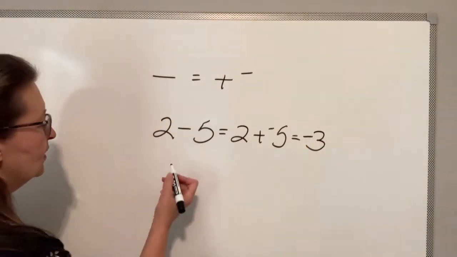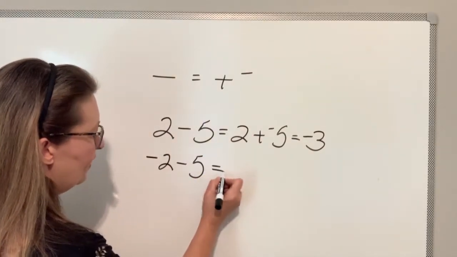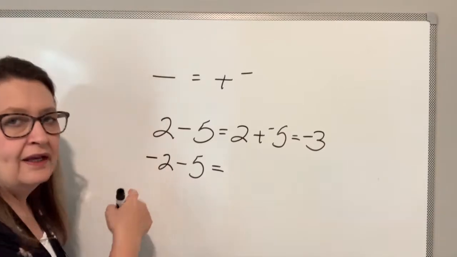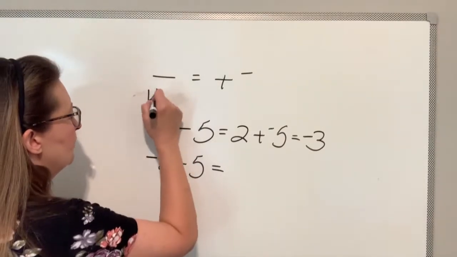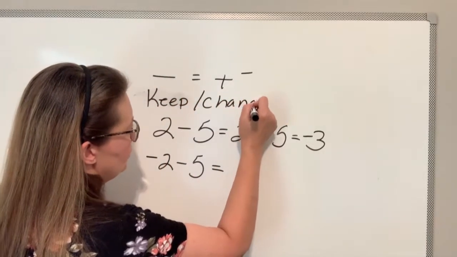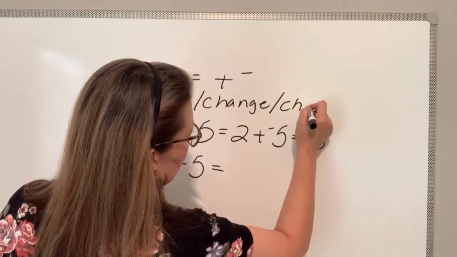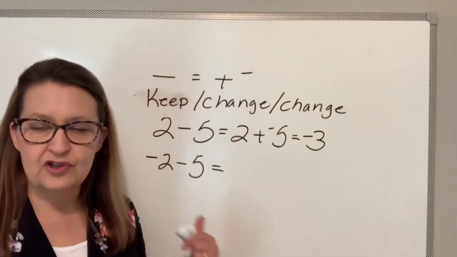Now let's look at some more examples. What if I have negative 2 minus 5? A lot of times you can say this is keep, change, change. You keep the first number just like it is.